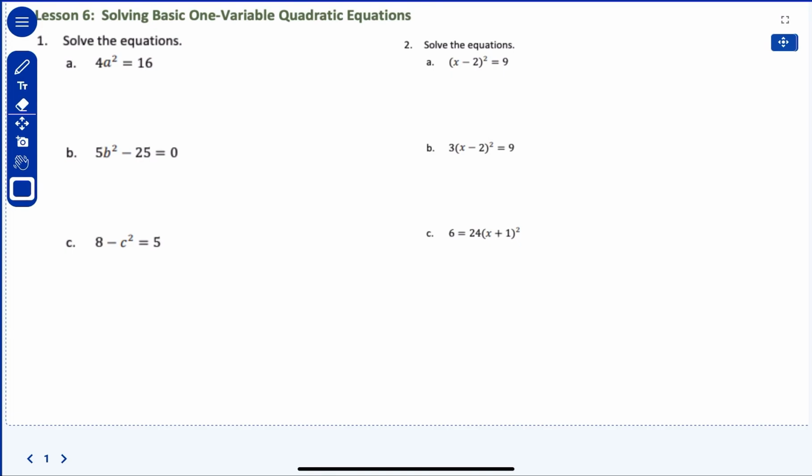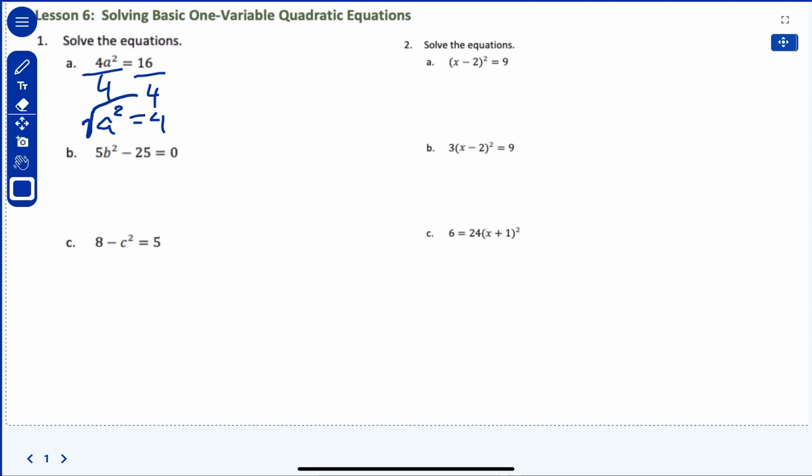What do we do here? A is 4a squared equals 16. If you can do it, do it. If you can't, do the opposite. So, can I do 4a squared? Nope. So I'm going to do the opposite, which is divide by 4. That leaves me with a squared equals 4.